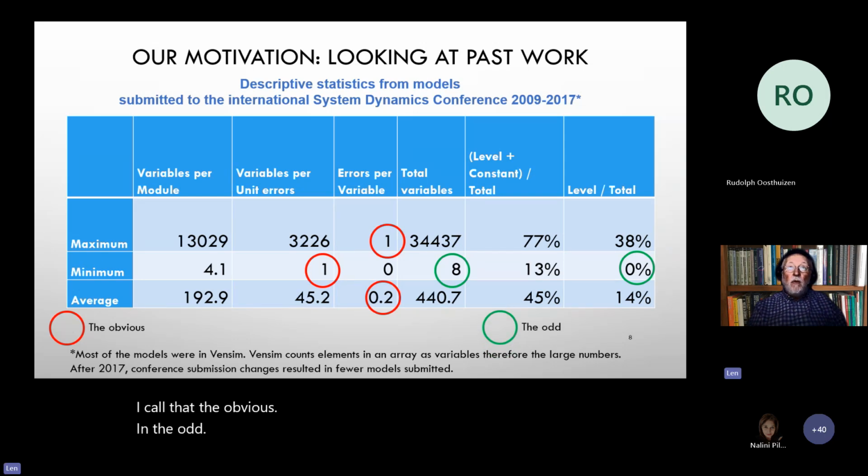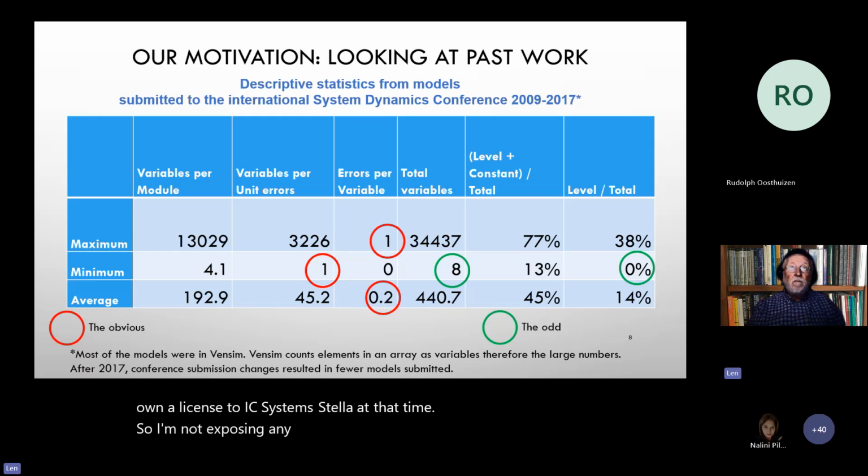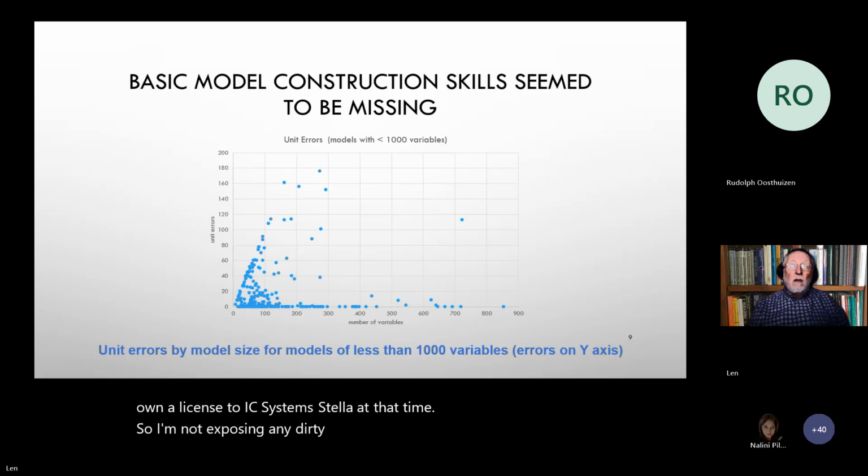Now, I was not able to run and dig deep into that many models, and I must apologize. I did not own a license to IC Systems Stella at that time. So I'm not exposing any dirty laundry from Stella modelers. Here's a little plot.